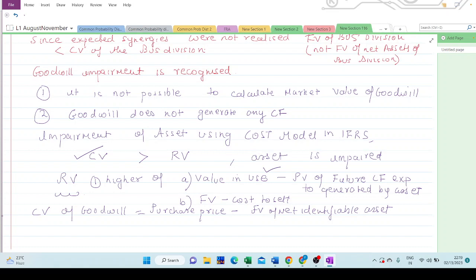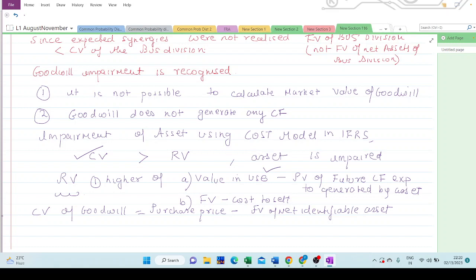Yes or no? Anil, Ashay, Kunal, tell me yes or no. Guys, goodwill does not generate any cash flow. So calculating present value of future cash flows expected to be generated by goodwill is out of question, right?